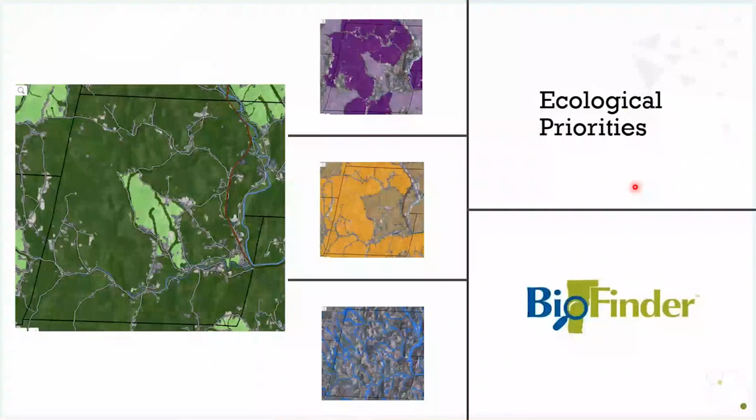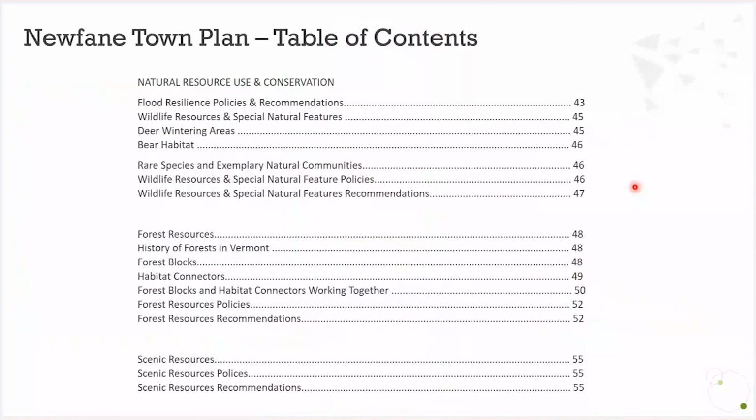And then I just wanted to remind us all about these maps that Andy had shown in terms of these ecological priorities. So let's just jump into the Newfane town plan. I brought up the table of contents, and I just wanted to show you how exhaustive this town is in terms of speaking to these issues. I pulled some topics from the natural resource section.